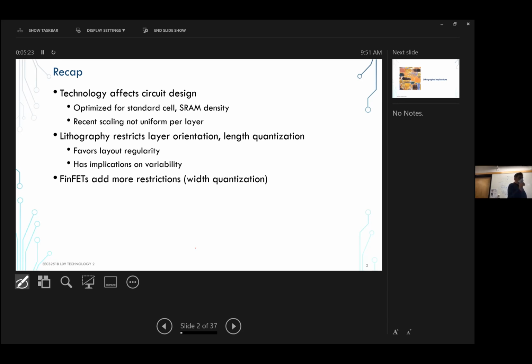There are systematic variability effects that have their root causes in lithography. This matters because we'll be talking about parametric yields over time, and understanding the cause of parametric yield losses is really important.